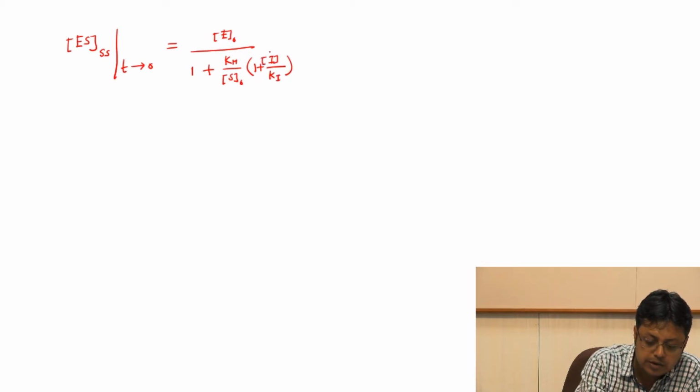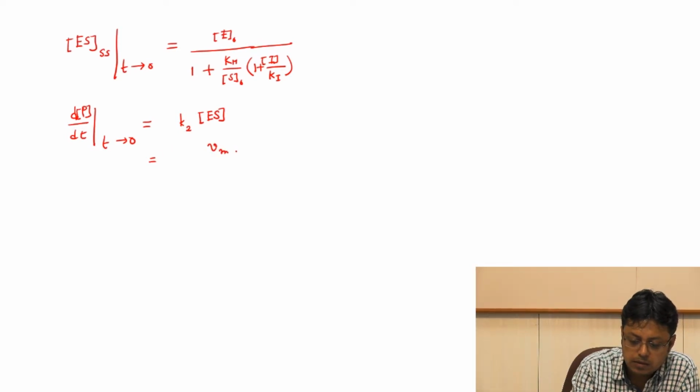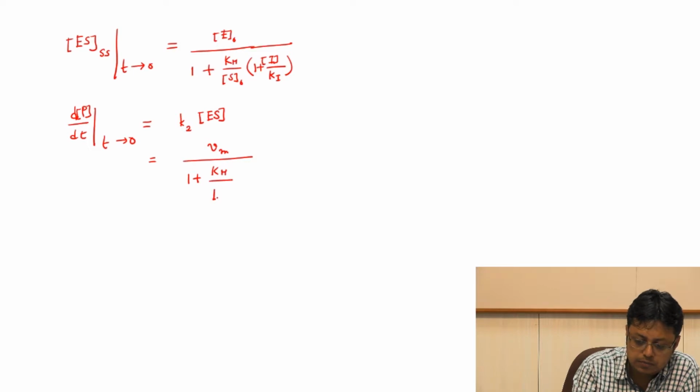So the rate of the reaction, or dP dt at t tends to 0, is K2 into ES, and we know that K2 into E0 is nothing but Vmax, so it is Vmax divided by 1 plus Km divided by S0 into 1 plus I by Ki.